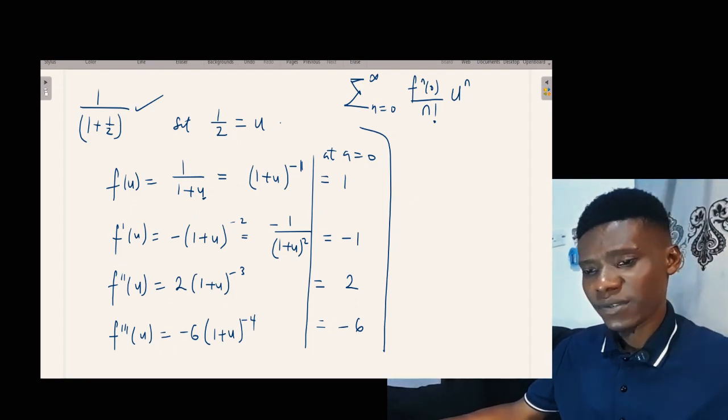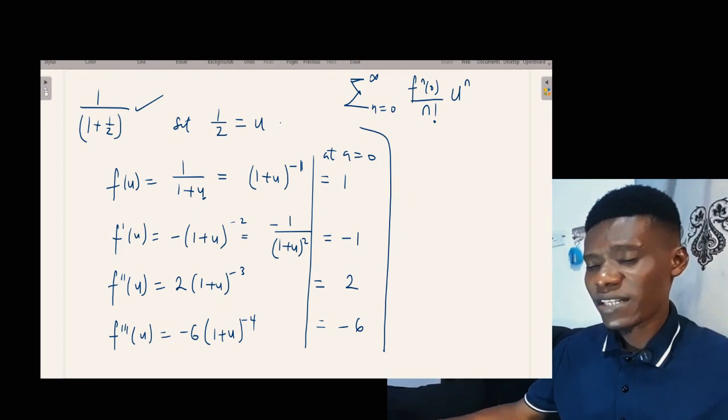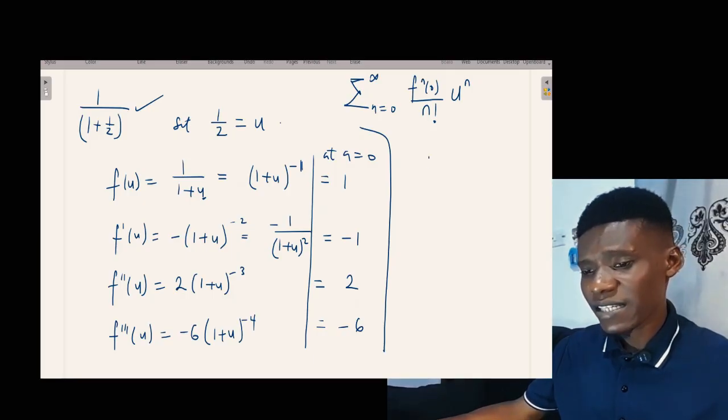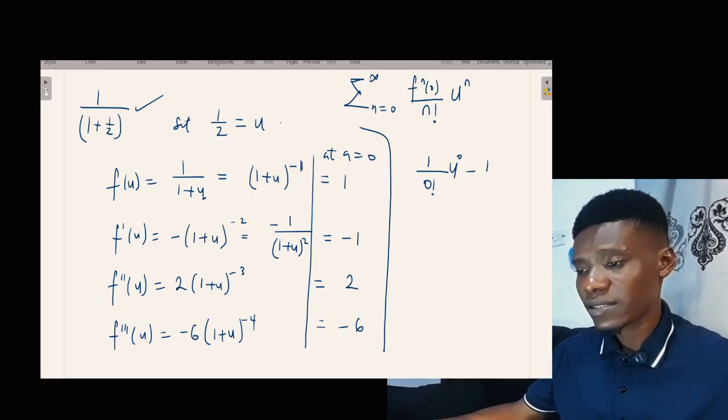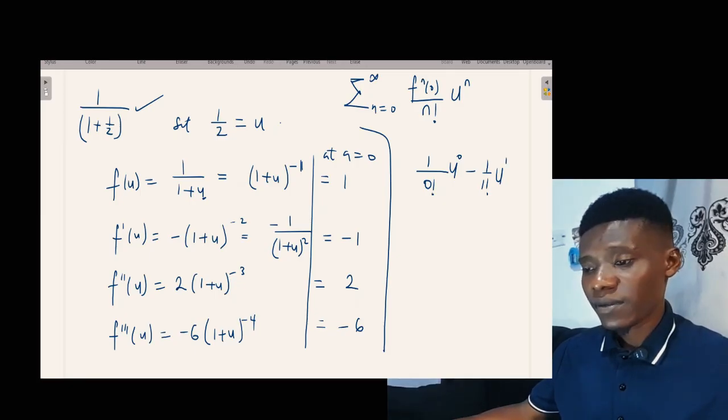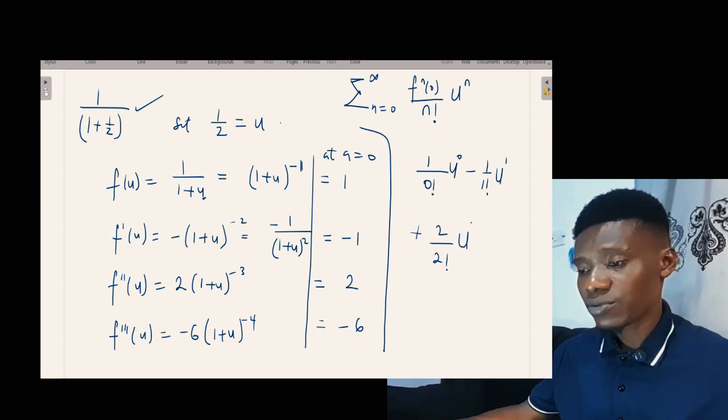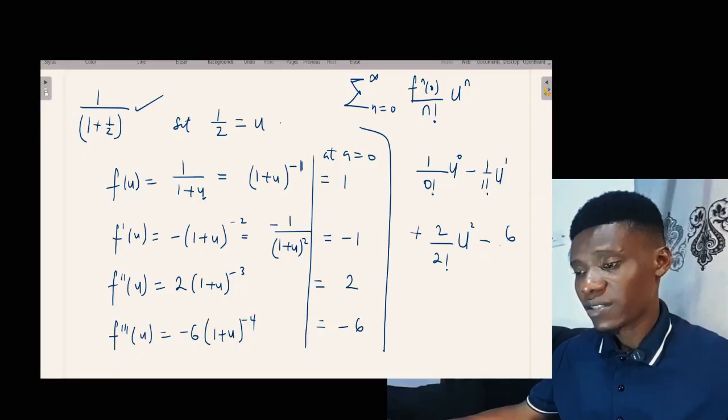So the first one, when n is equal to 0, is 1 over 0 factorial times u to the power of 0, plus, that should be minus, because of this, minus 1 over 1 factorial u to the power of 1, plus 2 over 2 factorial u to the power of 2, plus minus 6 over 3 factorial u to the power of 3.